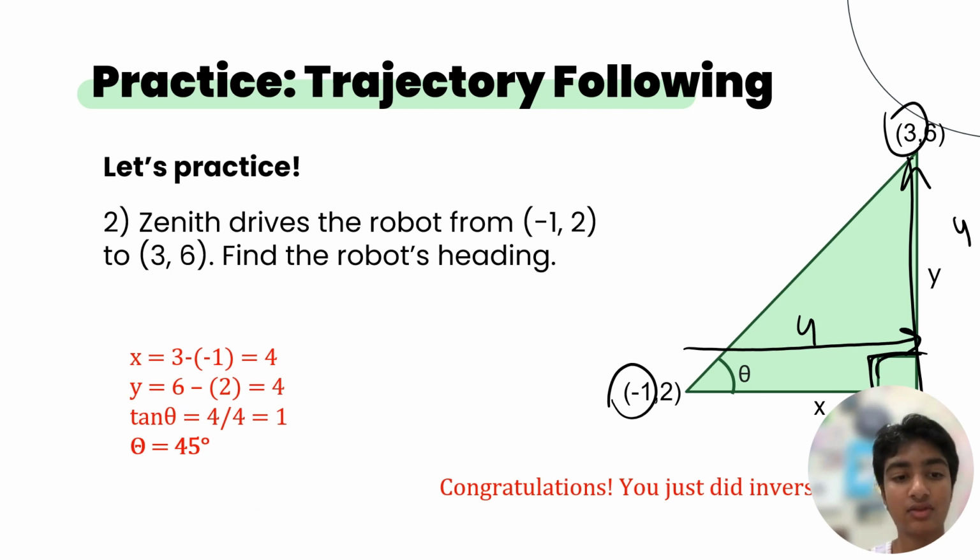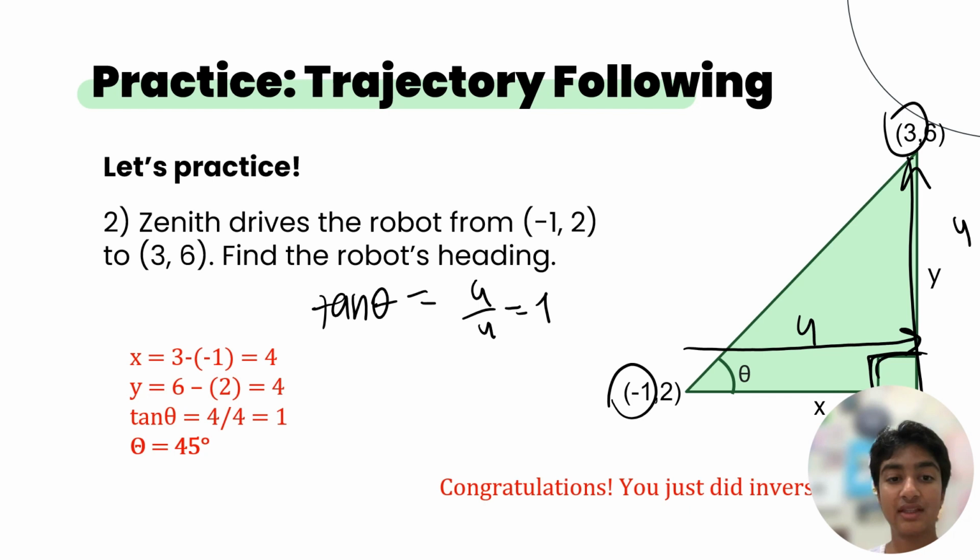Tangent theta, where theta is the angle you're looking for, is opposite over adjacent, TOA. So opposite is 4, adjacent is also 4, so you get 1. And if you remember from the special ratios that we talked about earlier, the ones that you should definitely memorize, if tangent theta equals 1, the angle has to be 45 degrees. Just another way of approaching it.